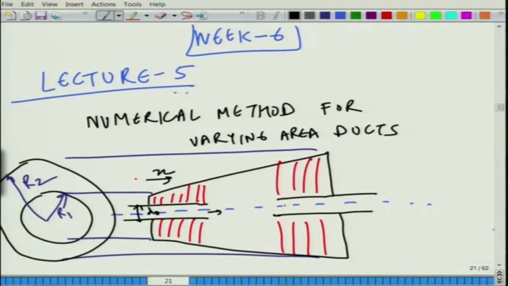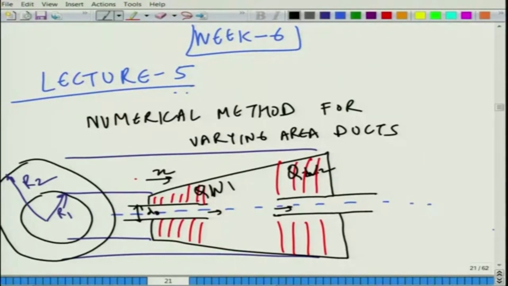So, the flow comes here, goes like this. So, again the idea is to use QW1 and QW2, where QW1 and QW2 are like the gradually varying area quarter wave resonators formed at the inlet and outlet.